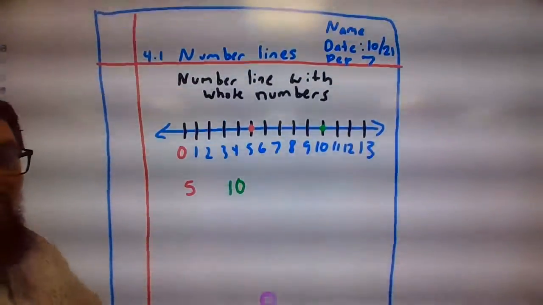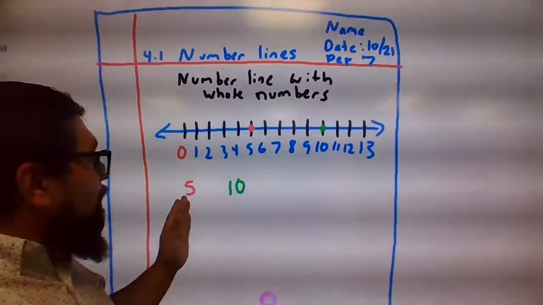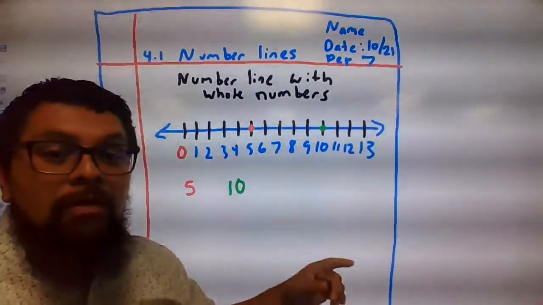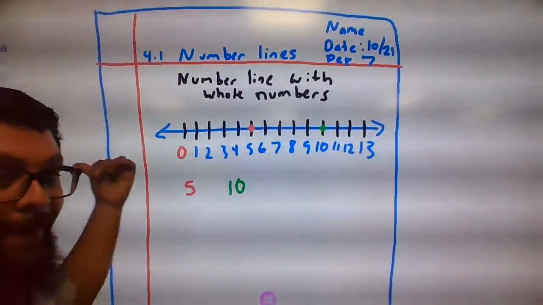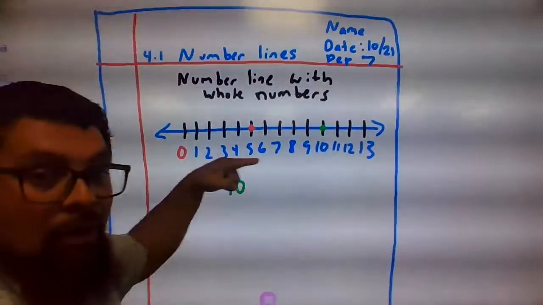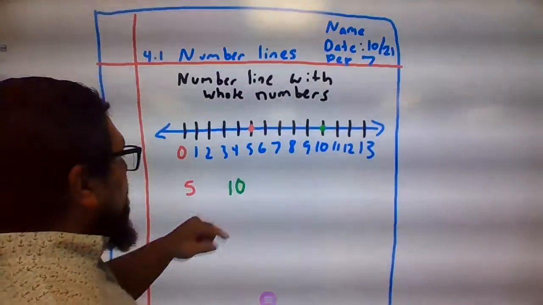Now we're going to find out which one's bigger. Is 5 bigger or 10 bigger? Look at the number line. If you remember the video, anything going to the left on the number line is smaller, and if you keep going right, it's bigger. Here's number 10, here's number 5.